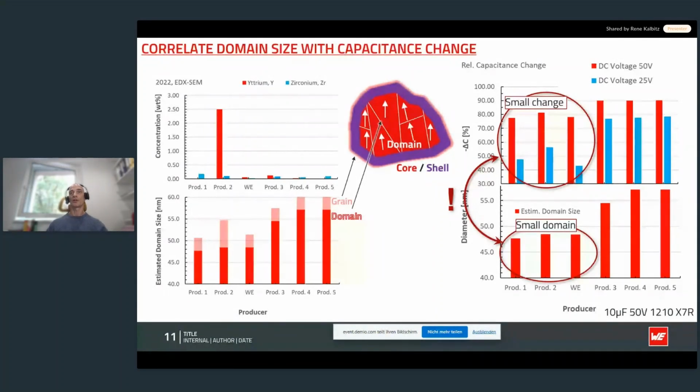So all producers may not use the same techniques to control their ferroelectric behavior. Some do it by simply choosing the grain size, and some do it by choosing the right amount of additives.